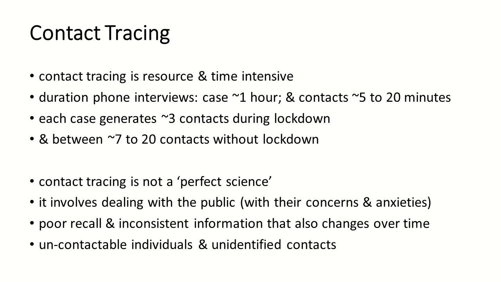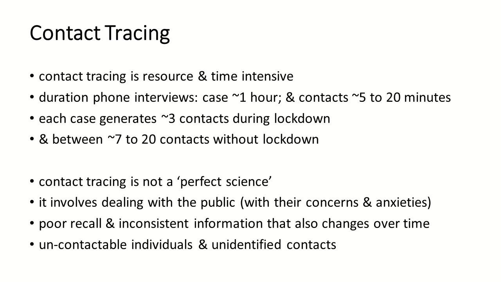And contact tracing, unfortunately, is not a perfect science. It involves dealing with members of the general public, with their concerns and anxieties, with the related issues of poor recall of events and who they've had contact with, inconsistent information, and often if you gather information from the same person more than once, you find that the information also changes over time.